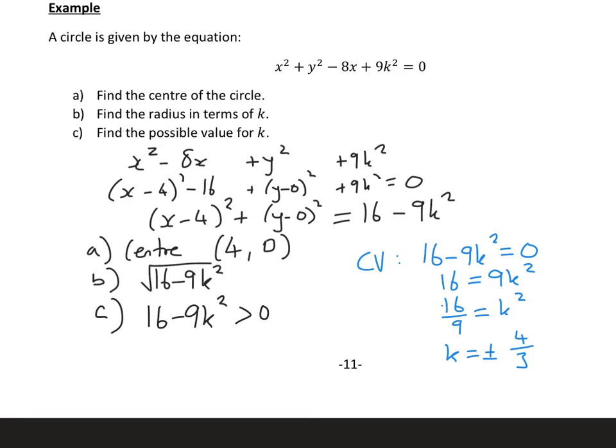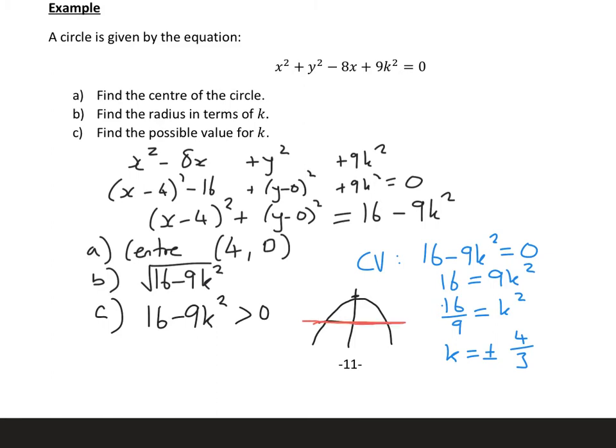I will then sketch both sides of my inequality. So 16 minus 9k squared, if I sketch that, the y-intercept is going to be 16, and it's going to be a negative quadratic, so like that. And I want, when is that bigger than 0? So here's 0.